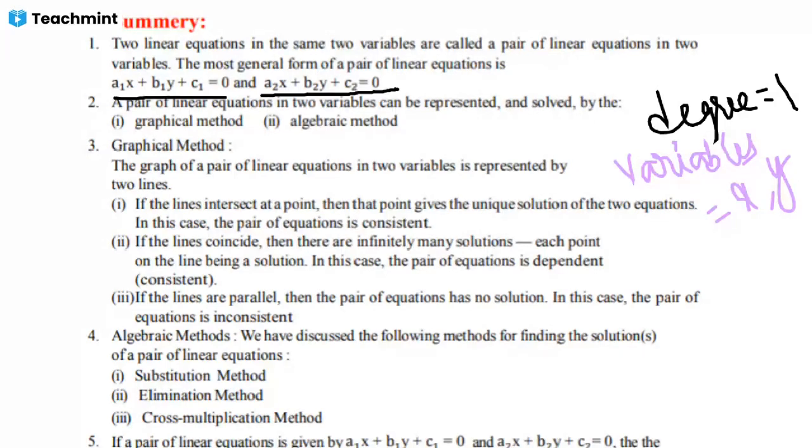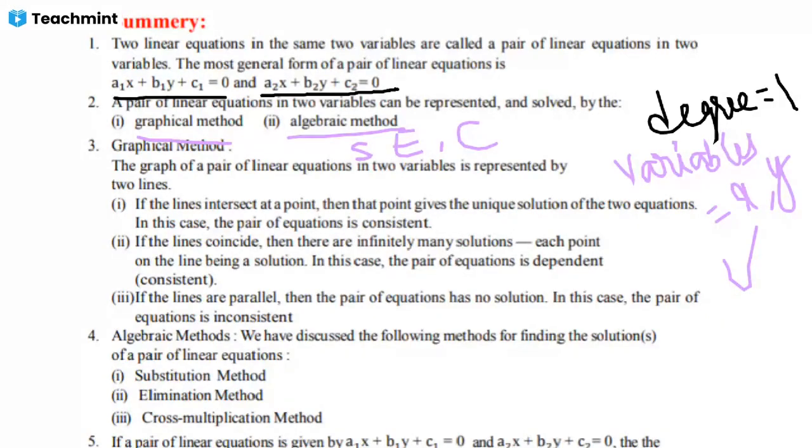Values of x and y by the algebraic method. In methods, the first one is substitution method, the second one is elimination method, and the third one is cross multiplication method.